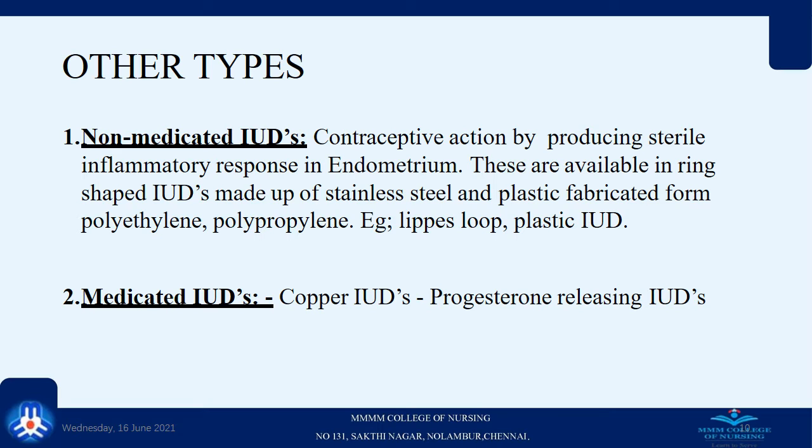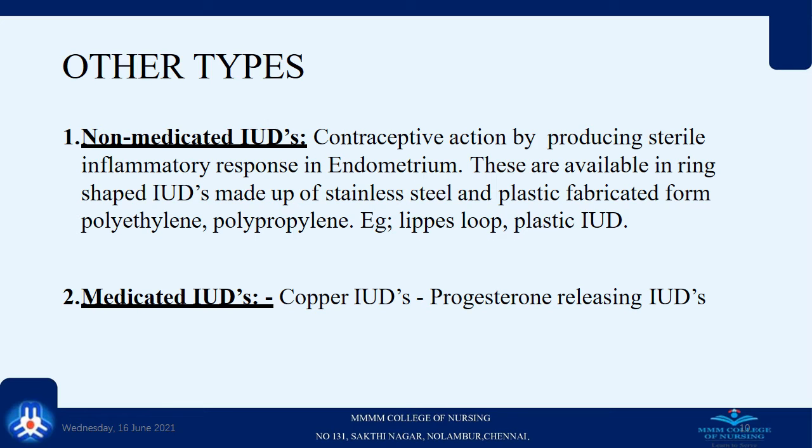The first one is non-medicated intrauterine device and the other one is medicated intrauterine device. In case of non-medicated intrauterine device, the contraceptive action is by producing a sterile inflammatory response in the endometrium. These are available as ring-shaped IUDs made of stainless steel and plastic fabricated from polyethylene polypropylene.